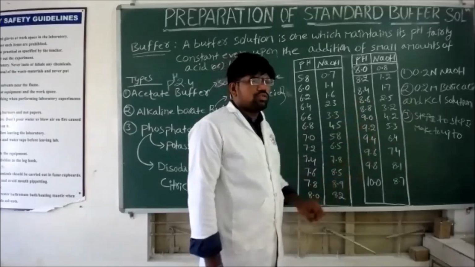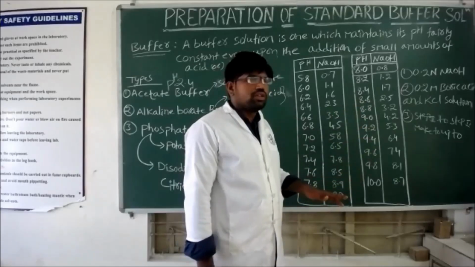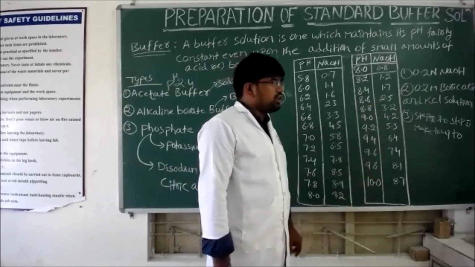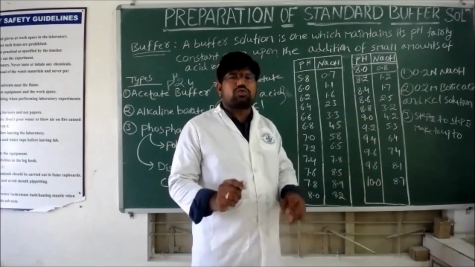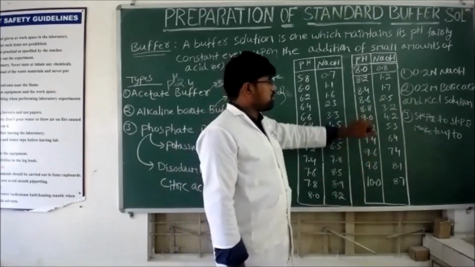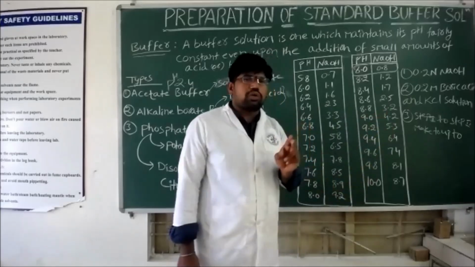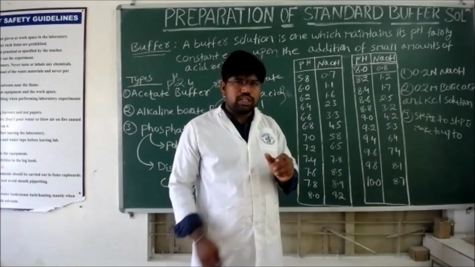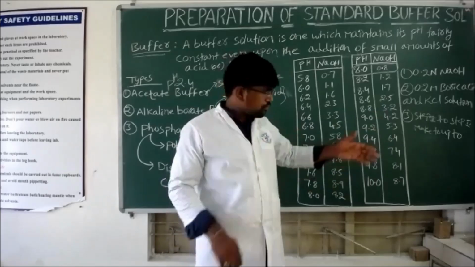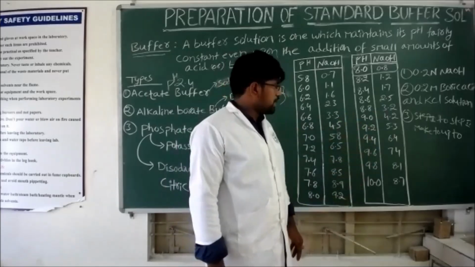Similarly, for 8.6, the 2 ml is a fixed one. For that we will take 2.5 ml of the sodium hydroxide solution. In the case of 8.8 pH, we will go with 3.2 ml of the sodium hydroxide solution. As the volume increases, the pH will also increase.